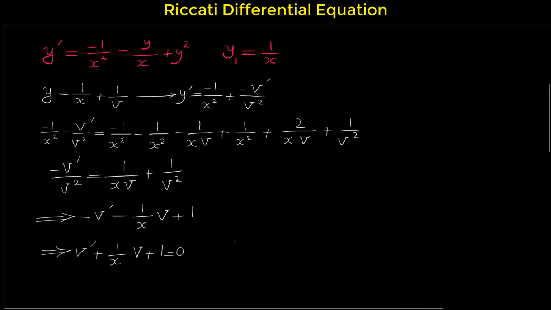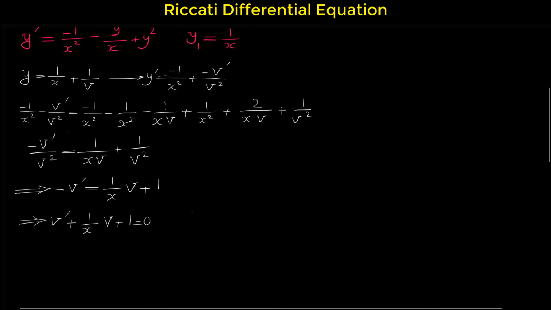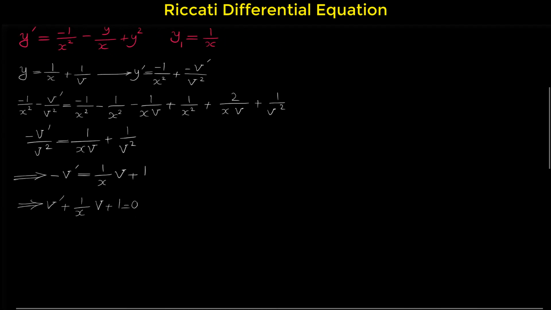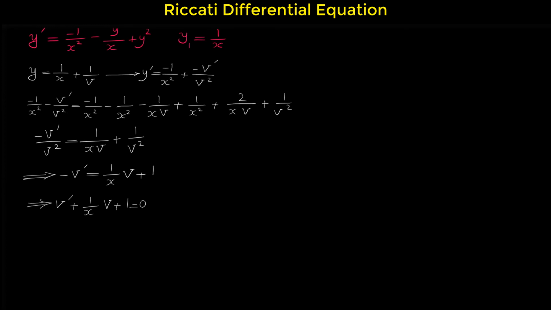Now we want to solve this simple linear first order differential equation. If you remember, for solving a linear first order differential equation in general, first we have to find the integrating factor. Let me remind you how we solve a general differential equation in this form.